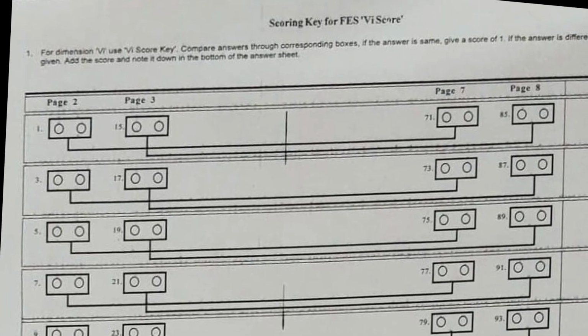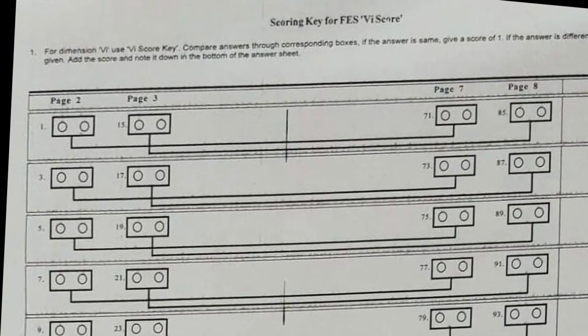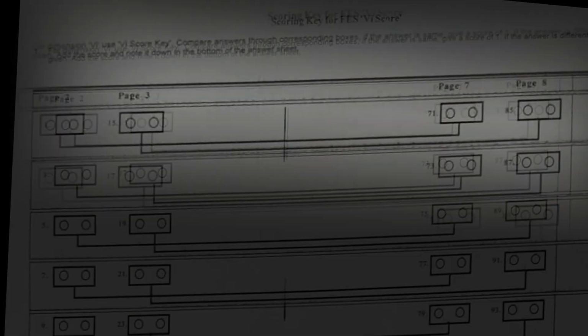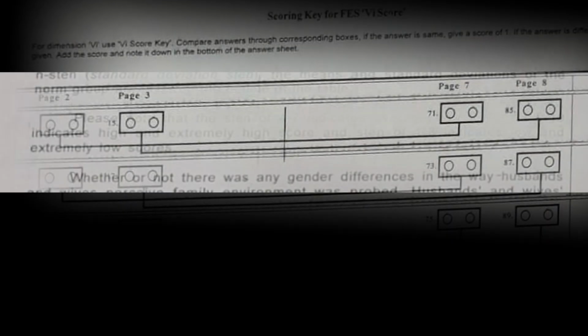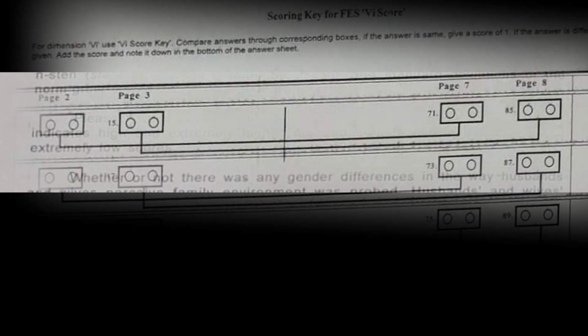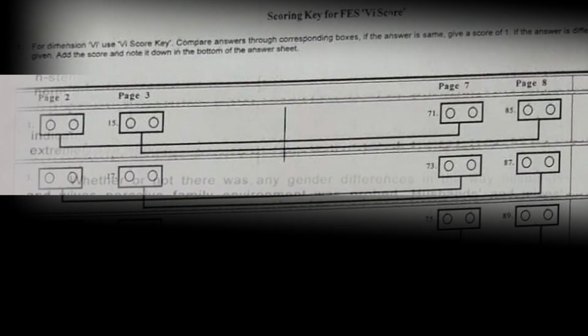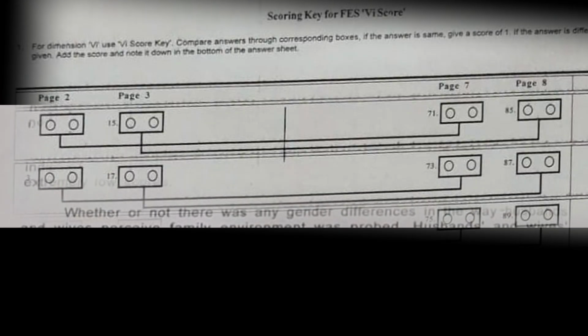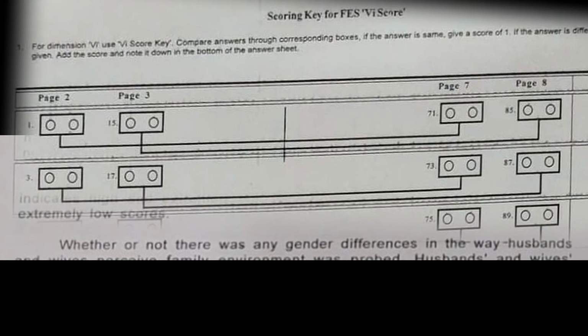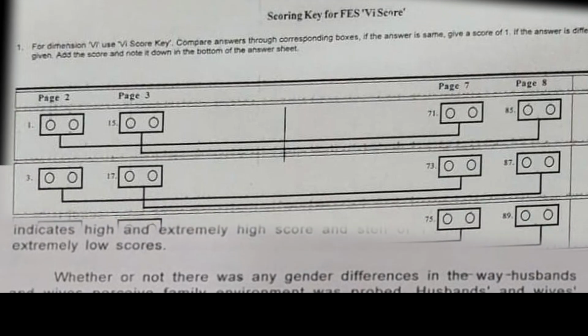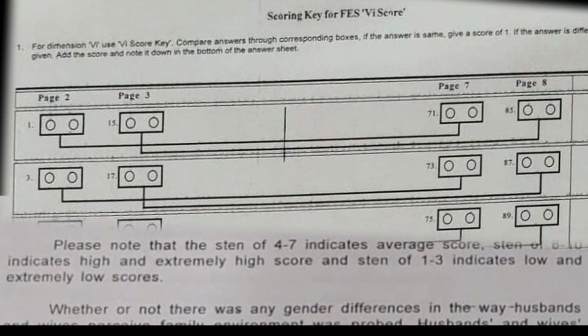Please see page number 11. I'm on paragraph 4 of page 11. Please note that 10 of 4 and 7 indicates average score. 10 of 8 and 10 indicates high and extremely high score. And 1 and 3 indicates low and extremely low scores.